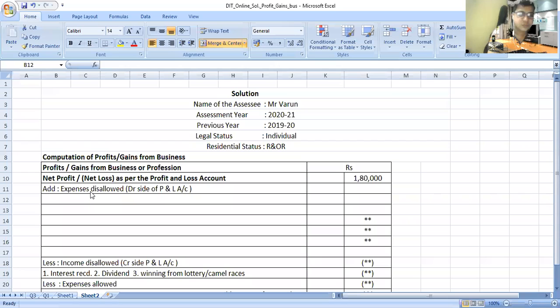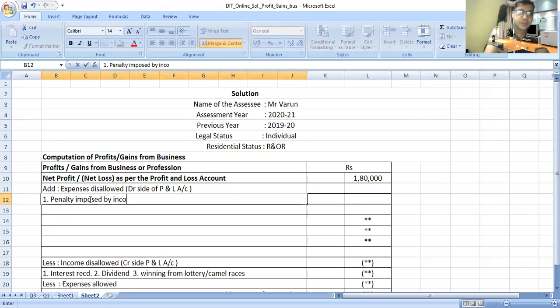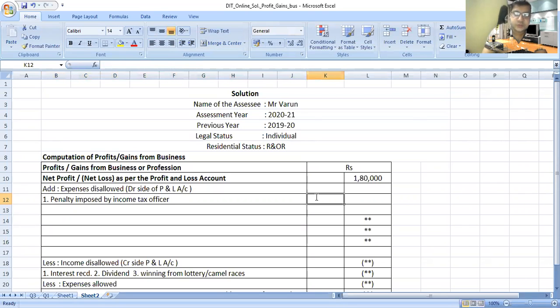So we will write here number one, penalty imposed by income tax officer, and the value of the penalty was 10,000, because the total amount of salary was 75,000.